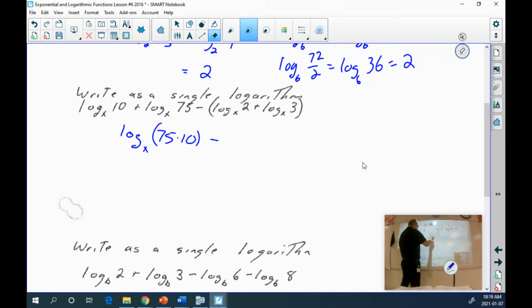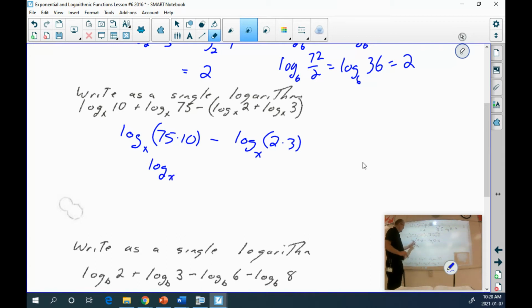We also have the sum of 2 logarithms over here. So we'll take the logarithm base x of the product of those 2 arguments. So I could go 750, log of 750 minus log of 6, which I will do in a minute.